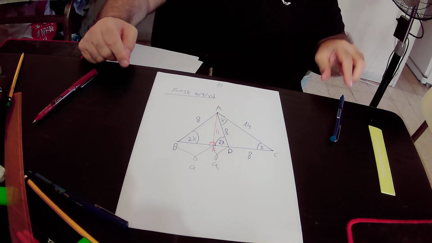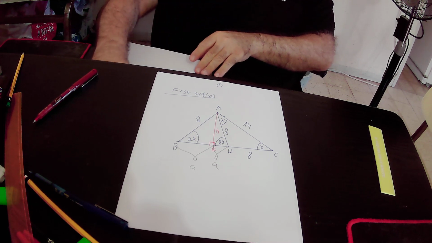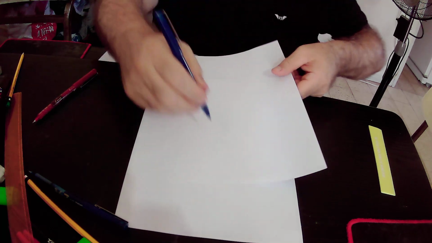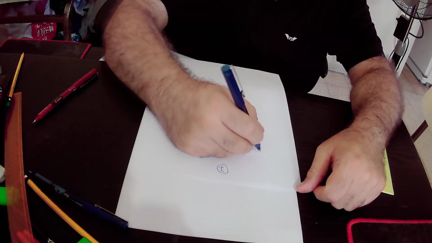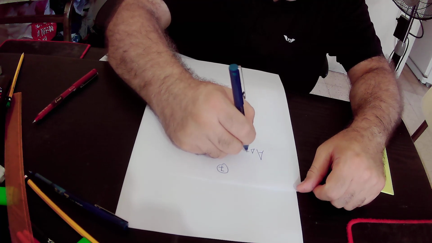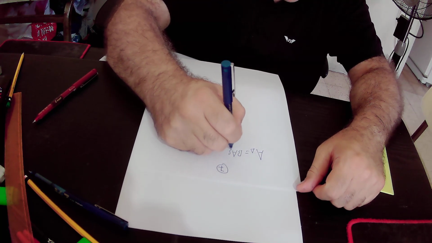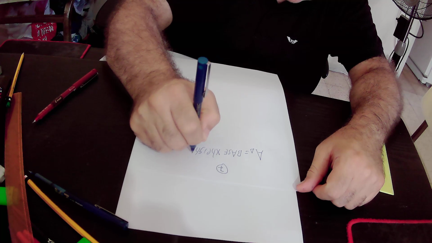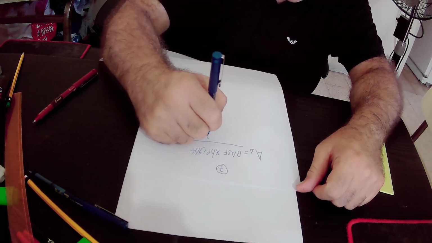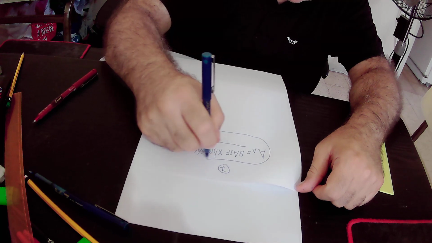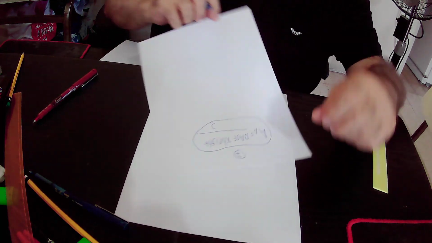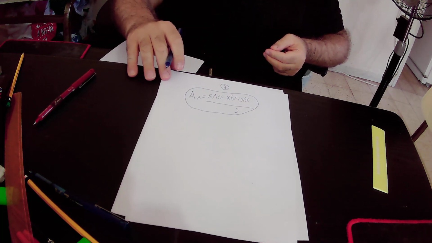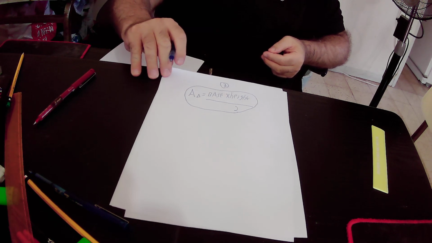So the formula for the area of any triangle equals the base of the triangle times the height to the base over 2. Okay, this is the formula for the area of any triangle. The base times the height to the base over 2 is the area of any triangle.